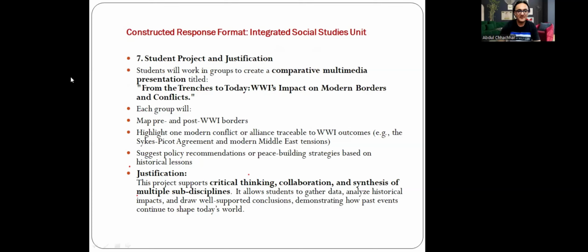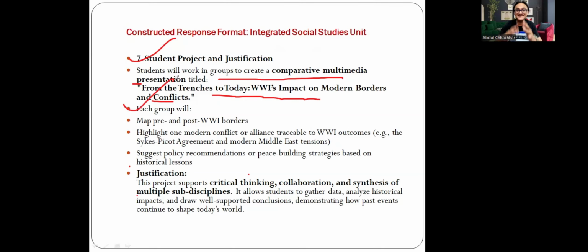Number 7 and last, students' assigned project, right? Students will work in a group to create a comparative multimedia presentation. You can give it any model of that, conflict, civil wars model, or destruction. From the trenches of today, World War impact on modern borders and conflict.